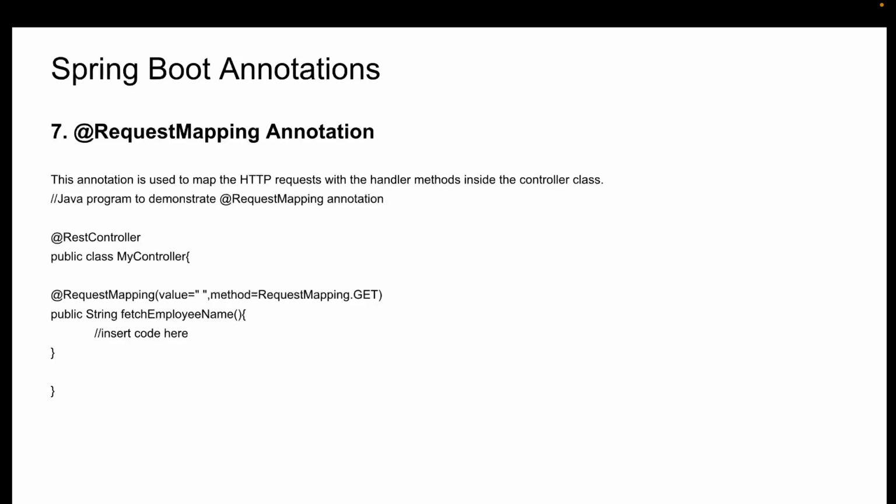See this method, public String fetchEmployeeName, which means we have some code written over here which returns the name. Let's say we are returning the name from this particular method. See this class here, where we are annotating the class with @RestController.